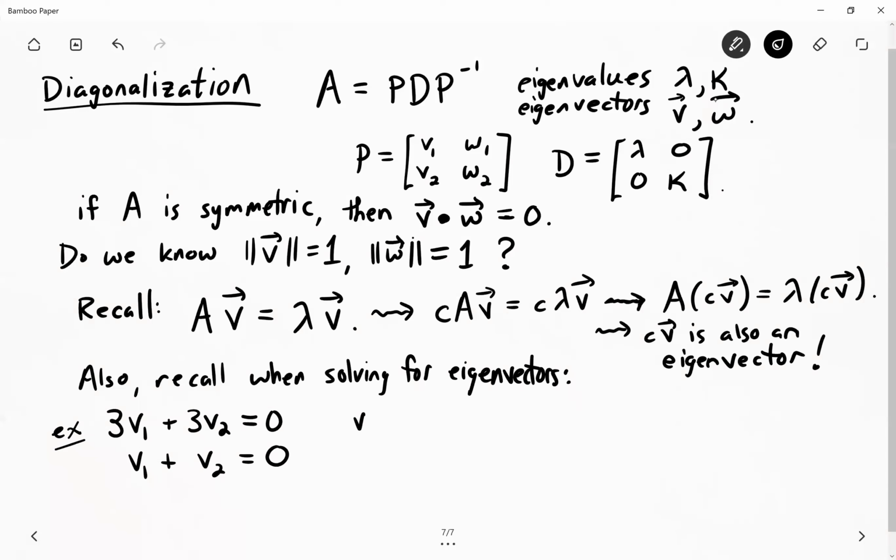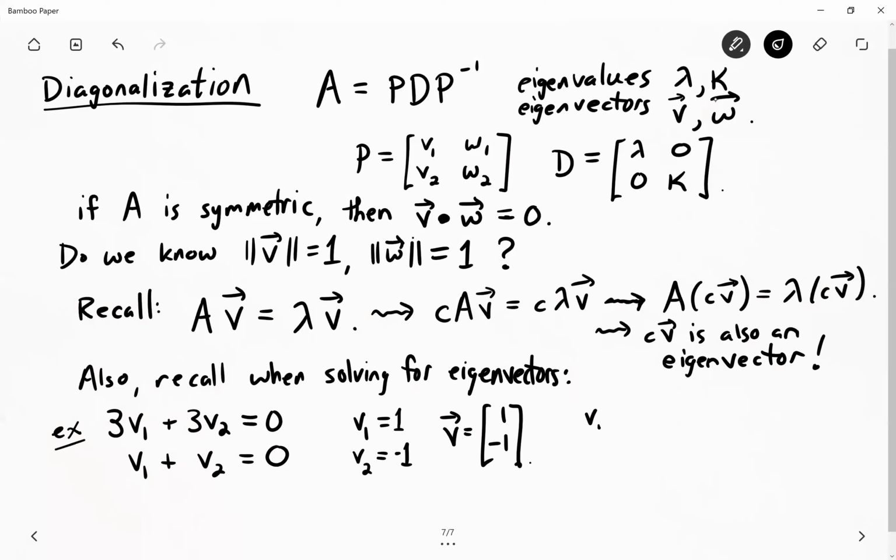So we'd often pick the simplest numbers that we can get to work. We could pick V1 equal to 1, in which case V2 is equal to -1, which gives us the eigenvector 1, -1. But we were free to choose any value for that first number, V1.